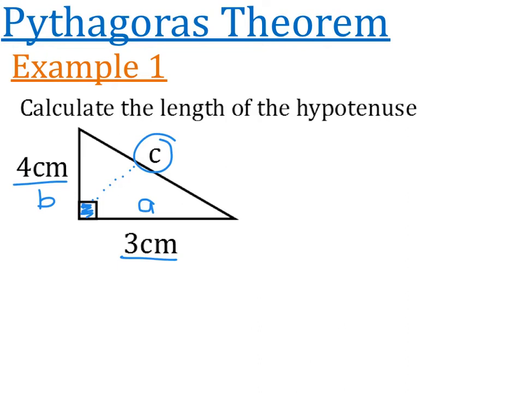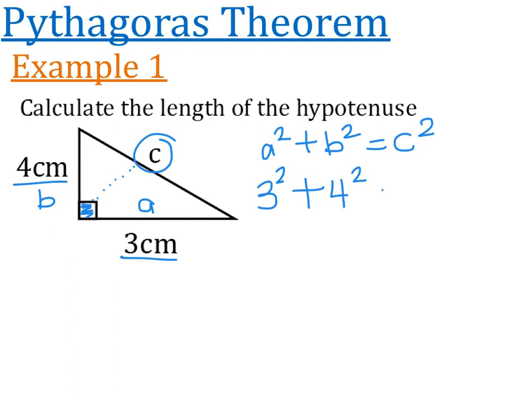So just a moment ago, we learned that A squared plus B squared equals C squared. So that must mean that 3 squared from side A plus 4 squared from side B ends up being C squared. So 3 squared is 9, 4 squared is 16, and when I add them together, I'm going to get 25.